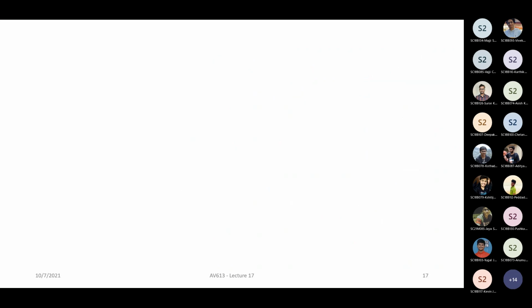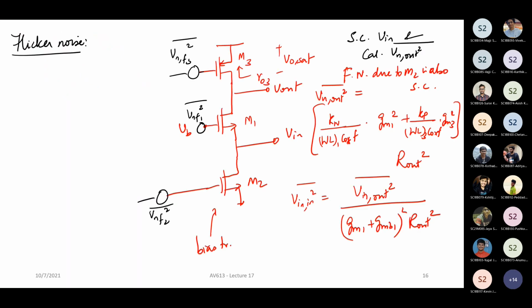If you talk about the input noise current source, that is, you open circuit Vin and calculate the total. So Vn2 out squared is now going to be the following. If you open circuit the input, what happens? The noise of M1, as we saw, will always circulate within itself. So it's only going to be the noise of M2 and the noise of M3.